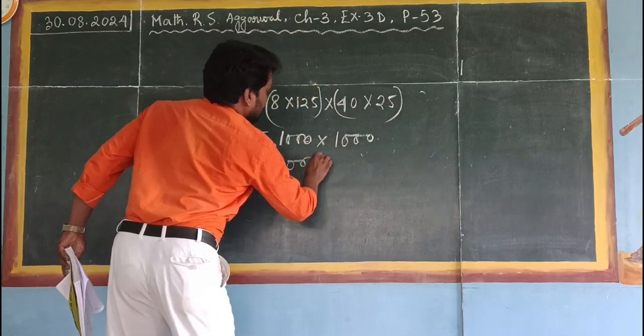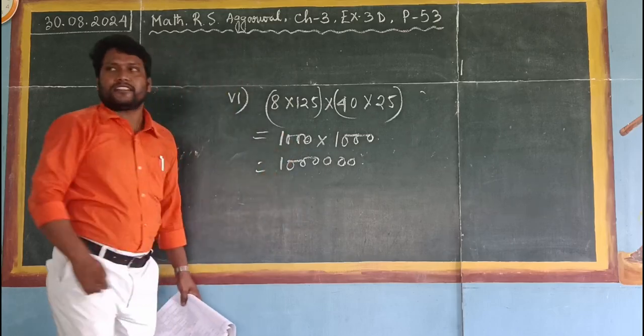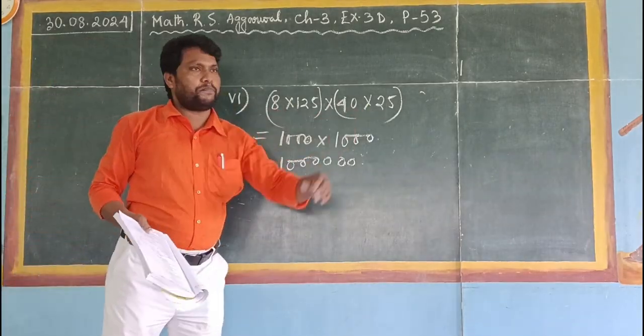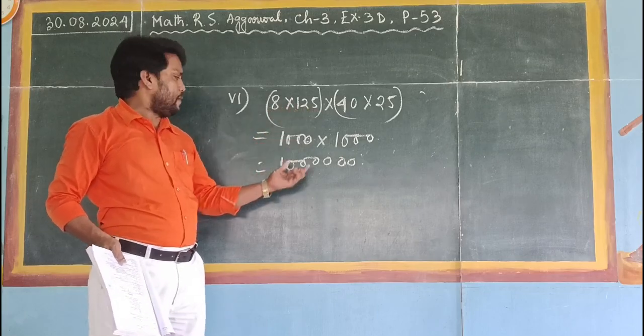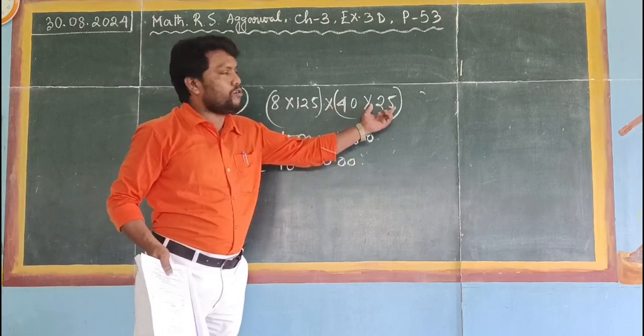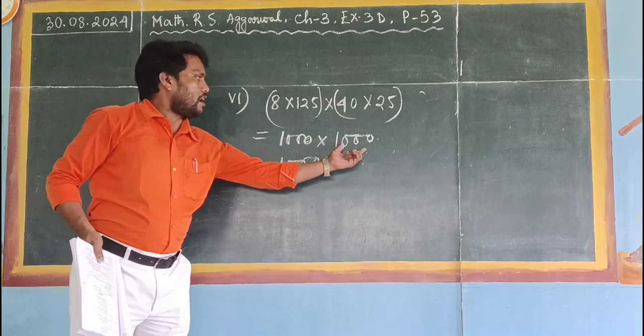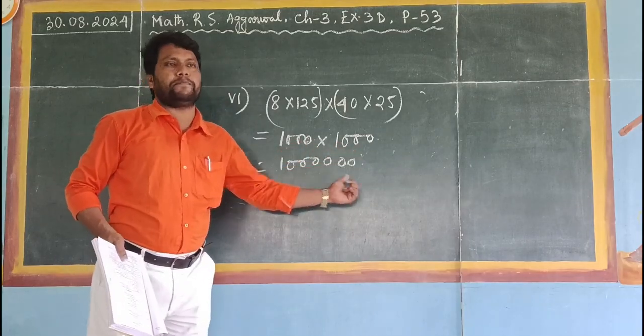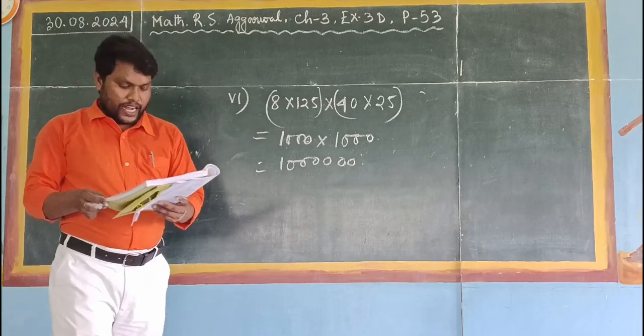How many zeros? How much time is needed? 2 or 3 seconds. Just regroup. 8 into 125, 1000. 40 into 25, 1000. So how many zeros? 6 zeros.